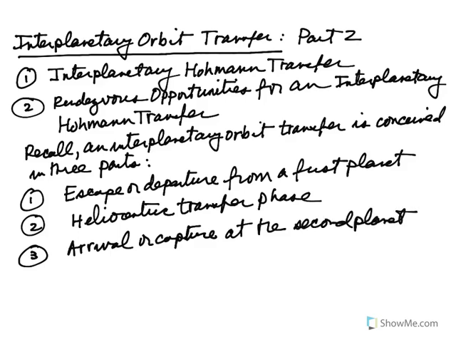Now, in that first lecture, the first part of this study, we actually focused on the heliocentric phase. That was the part that these two constructs that we developed previously were focused on.